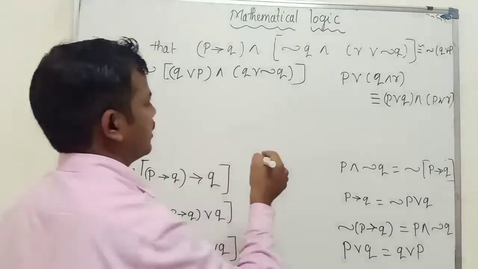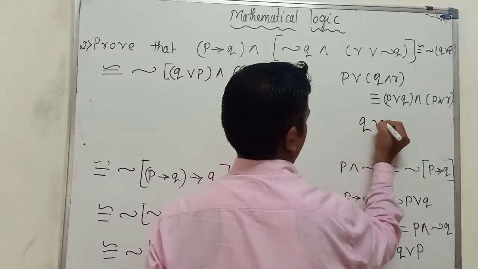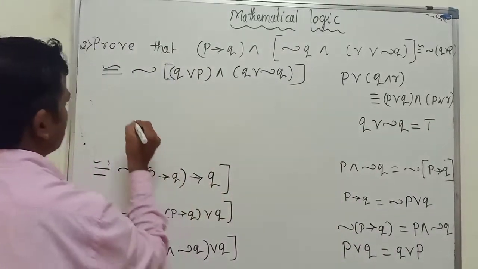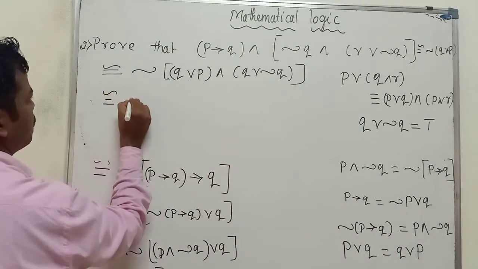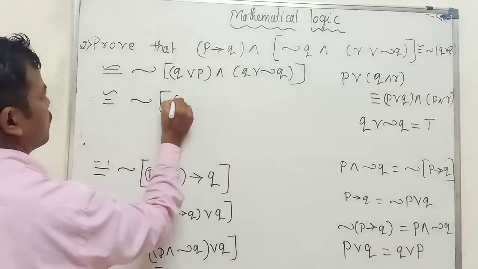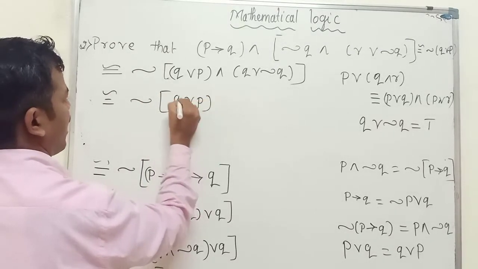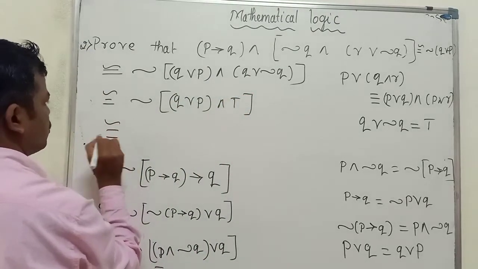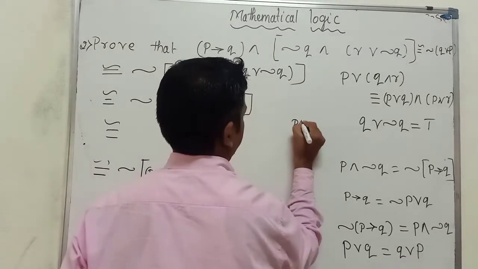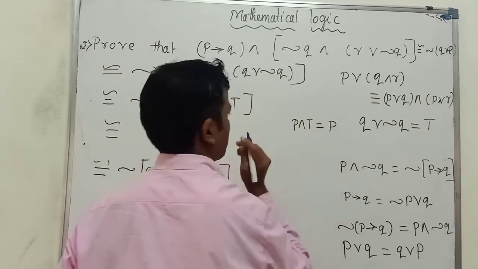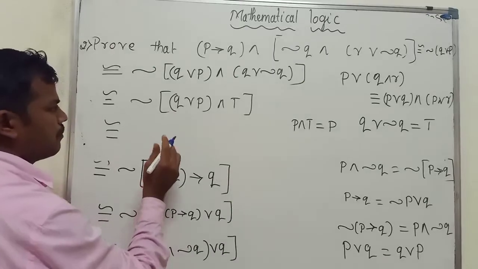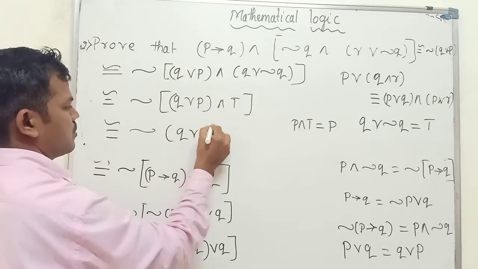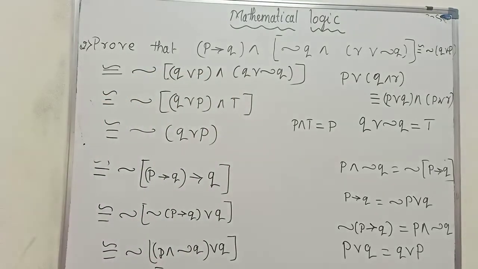Next we know that Q or negation of Q is true. By the previous law which we have studied, that is (negation of Q or P) and true. Next we know that P and true is P. So we get negation of Q or P. This completes what we had to prove.